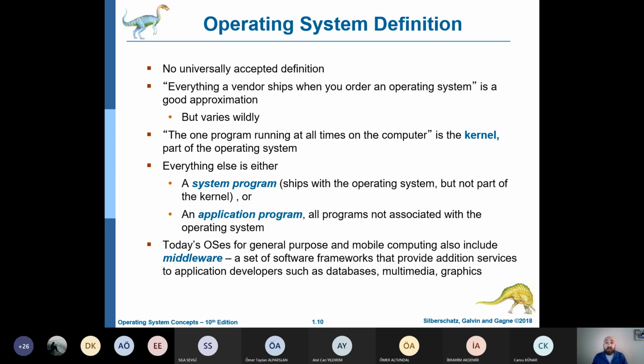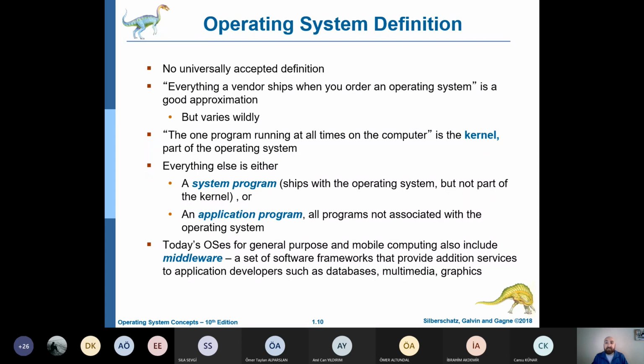A more common definition, and the one that we usually follow, is that the operating system is the one program running at all times on the computer, usually called the kernel. So basically, when we say operating system, generally we are pointing to the kernel, which is a program running at all times on the computer.